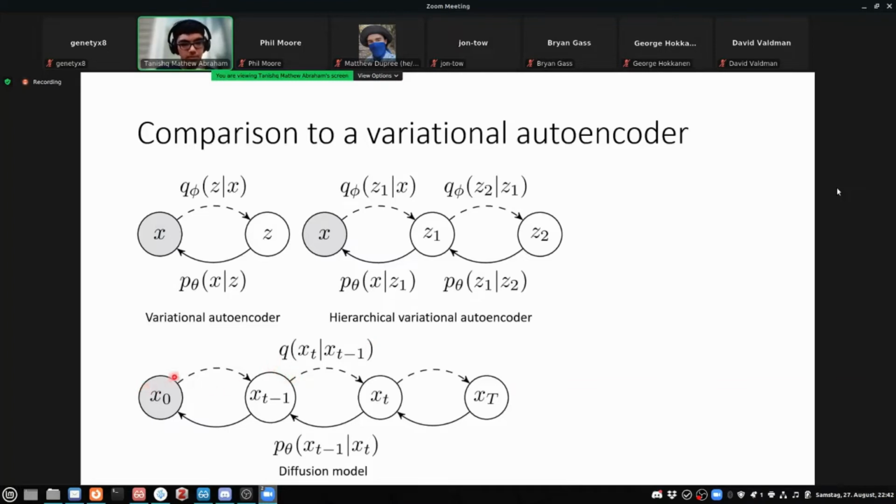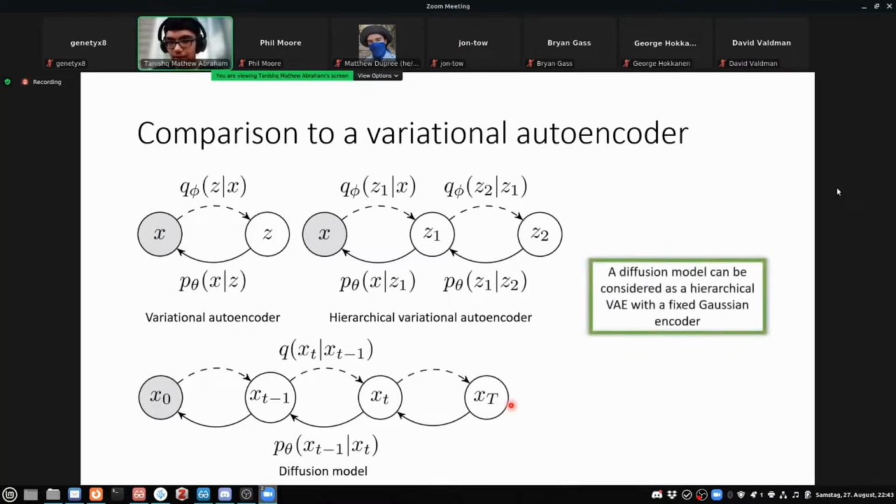When we're going from left to right, from x0 all the way to xt, that's fixed to this Gaussian transition, as opposed to variational autoencoders or hierarchical variational autoencoders, where those are also learned functions that we have to train.